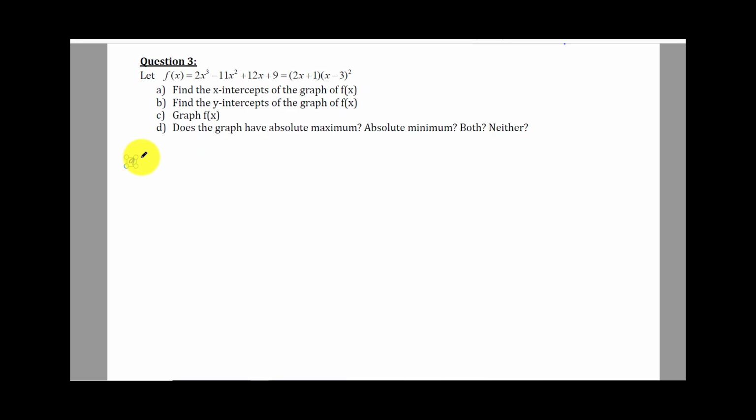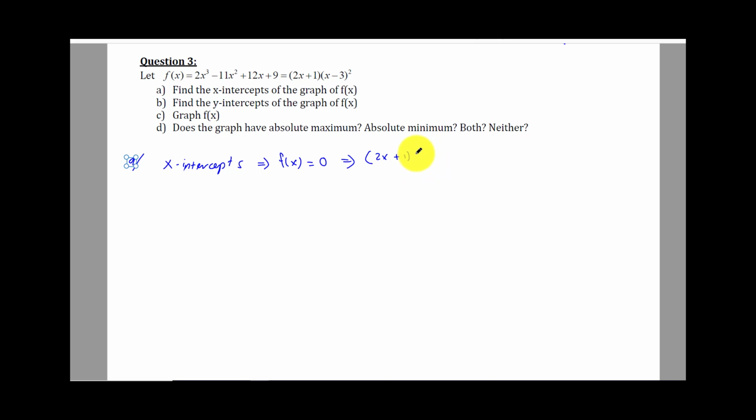Now to find the x-intercept, anytime that you are trying to find the x-intercept, you are letting y or f of x be 0, and you are solving for x. When I let f of x be 0, it means that this factored form is also equal to 0.